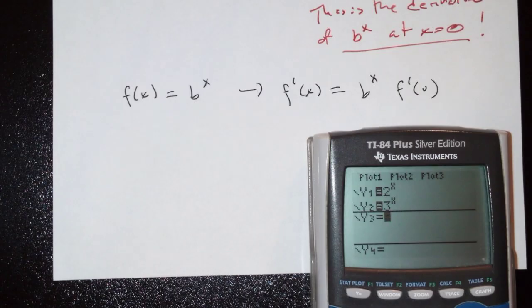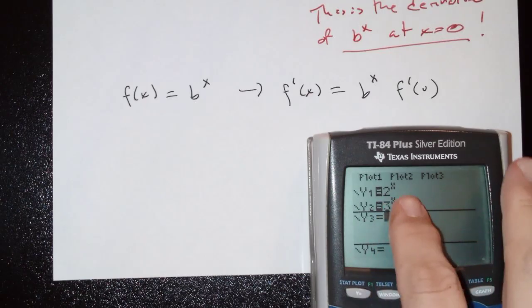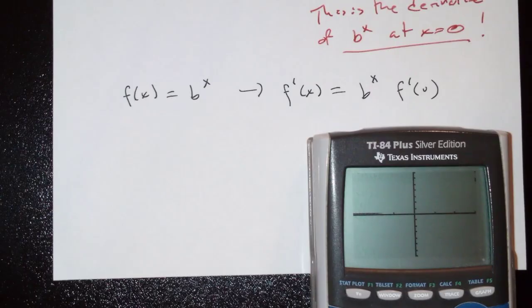Every graph that is an exponential equation kind of looks the same. They all kind of look like this if the base is bigger than 1. If the base is smaller than 1, they'll look like this. But since in these cases the base is bigger than 1, they both look like this.